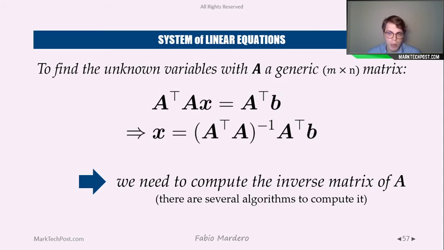So the big problem here: we have already seen that computing the transpose matrix is pretty simple. Take the diagonal, or with the computer just flip the index. Not a big deal. The real problem is that the complexity of this formula comes from the computation of the inverse of this matrix. There are several algorithms to do so, but don't worry, we will not look at these algorithms.